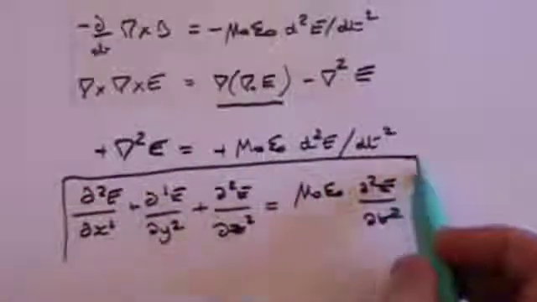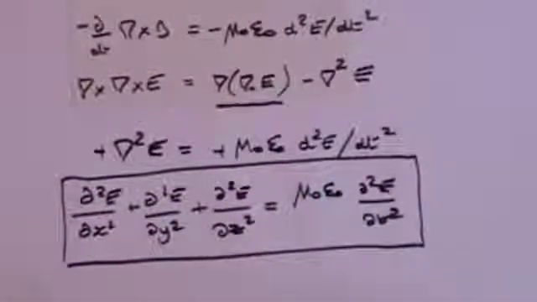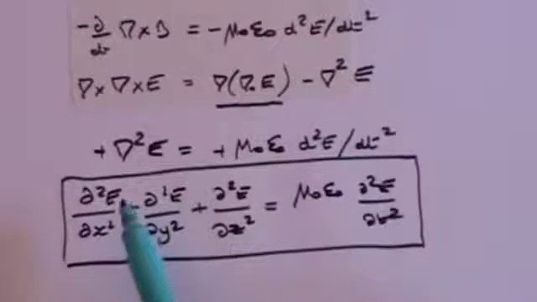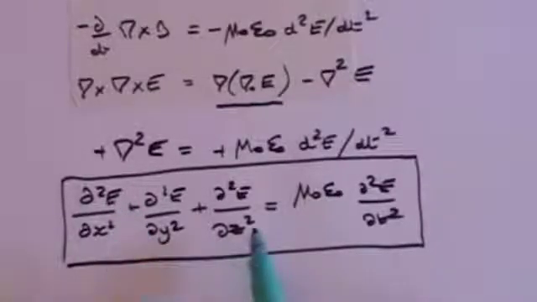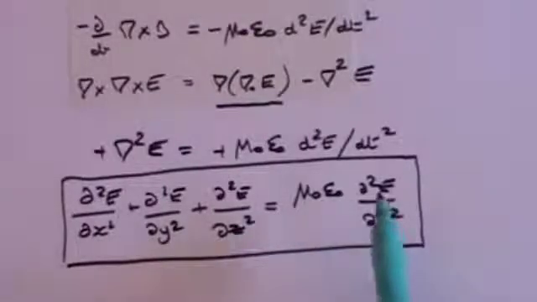And that, you should recognise, is the formulation of the wave equation which we derived just a little while ago. We just derived it in one dimension, but you can see what you've got. You've got the second differential of E with respect to spatial dimensions is equal to a constant times the second differential of E with respect to the time dimension. That's exactly what the wave equation was all about.